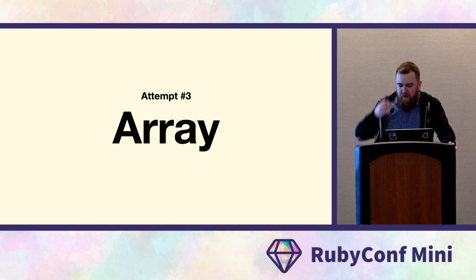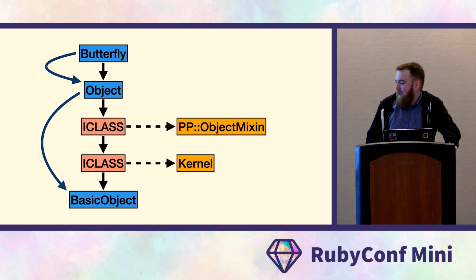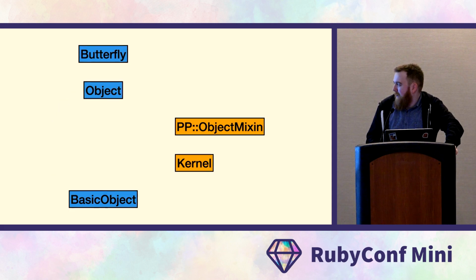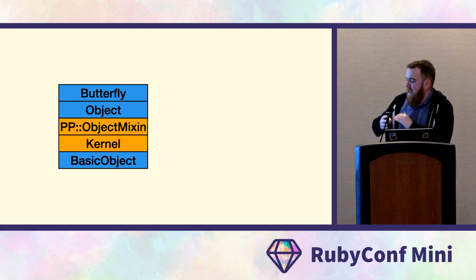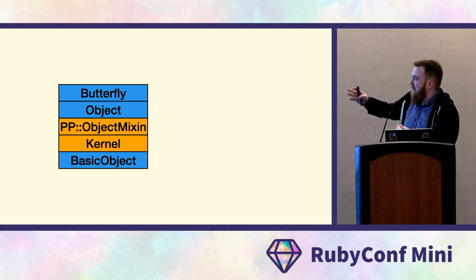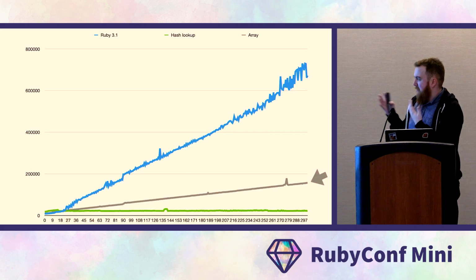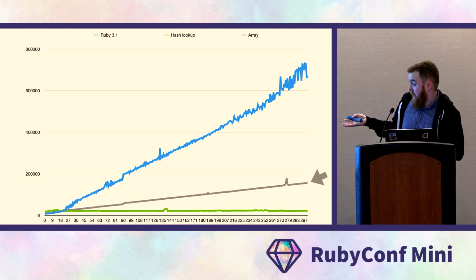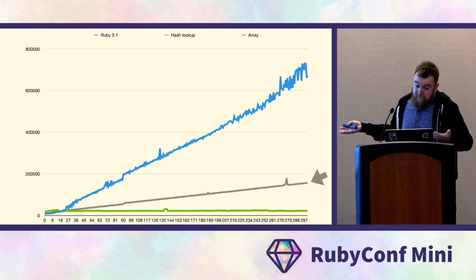So next I thought, well, I've tried a hash, I've tried a linked list twice, maybe just try an array. So I took the objects, and rather than being a linked list, I kind of like making the hash table, but I just made an array instead, and then did a linear scan through that array, and it turns out it was much faster than Ruby 3.1.